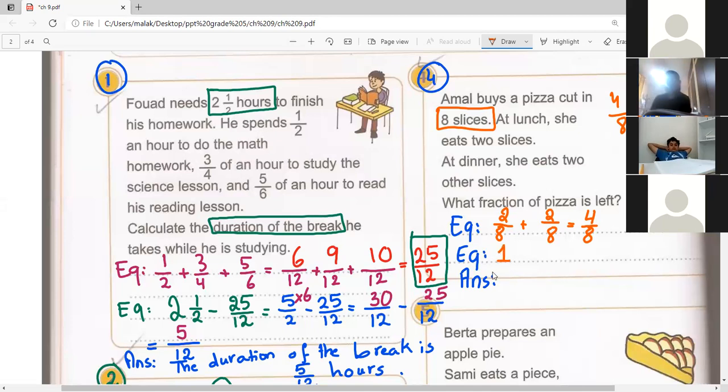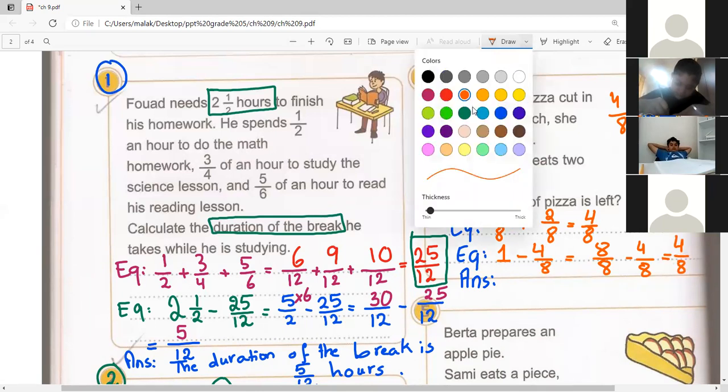Meaning 8/8, right? From the whole pizza, I will remove how many pieces? She ate 4 out of 8. So 1 is written as 8 out of 8. 8 minus 4, how much? 4 out of 8. Who will tell me 4 out of 8 is the same as what?